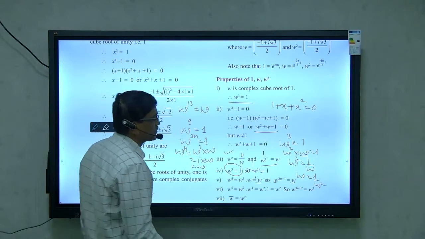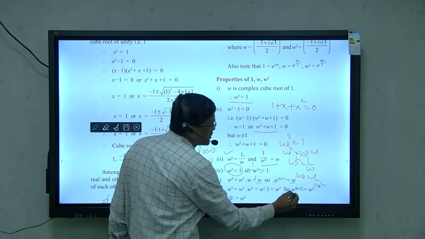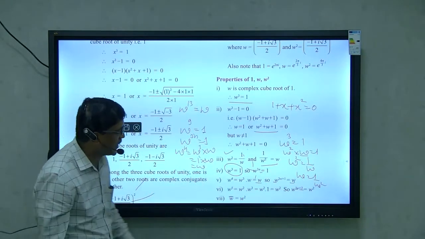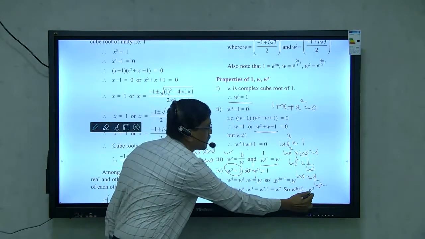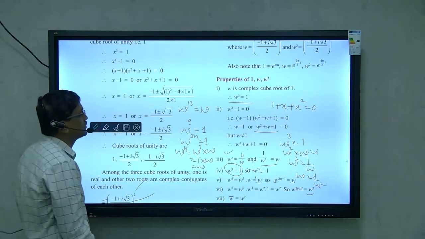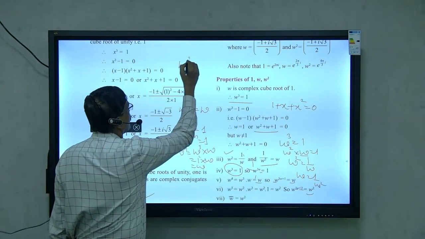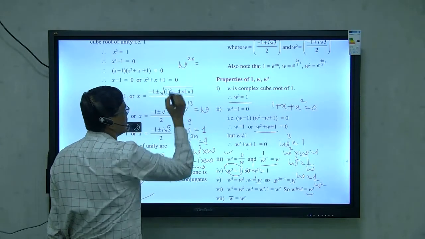Similarly, if the index is a multiple of 3 plus 2, then its value is omega square. For example, omega raised to 20.